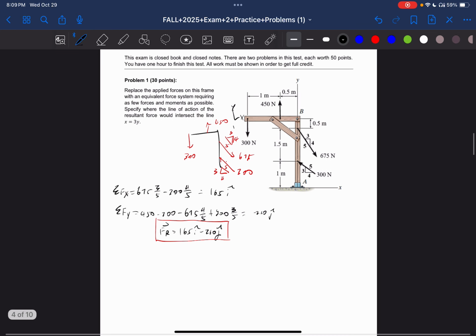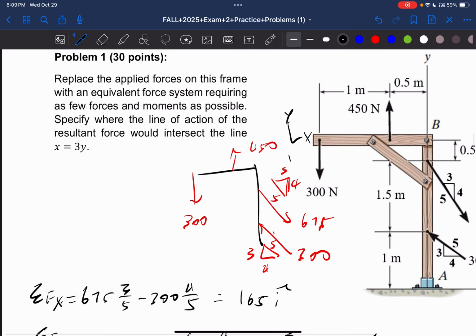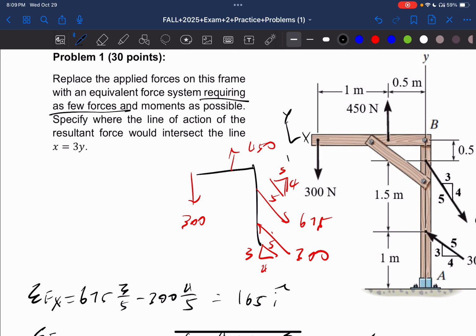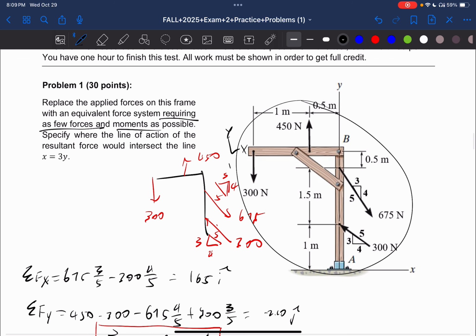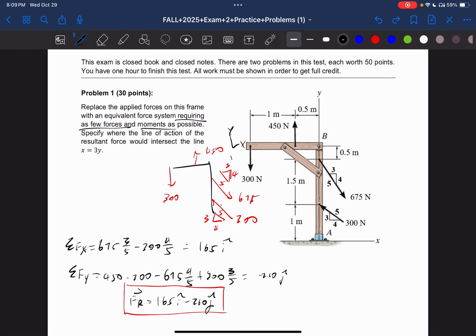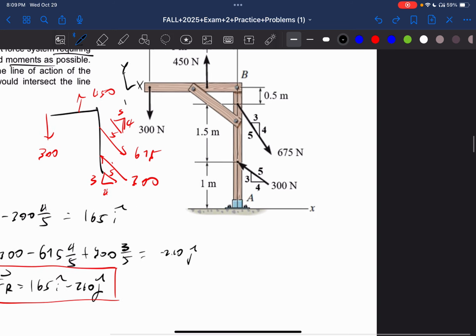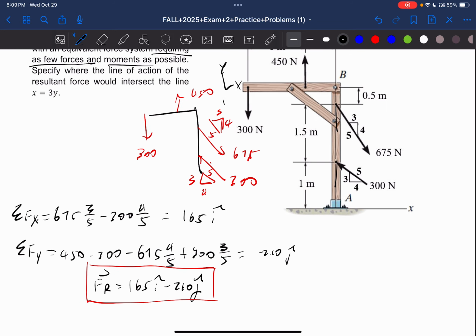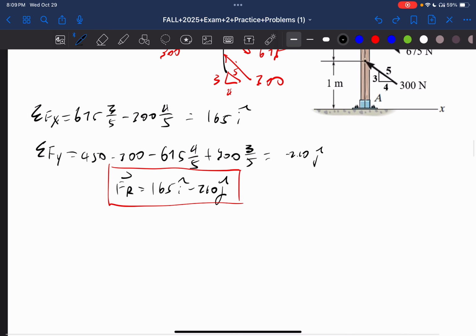What else does it ask? Requiring as few forces and moments. Because this is all in the same plane, we can reduce it down to one. Moments, let's do the moment about A because I feel like it. So the moments about A, this vertical direction cancels, and this vertical direction we don't need. So let's write that out.